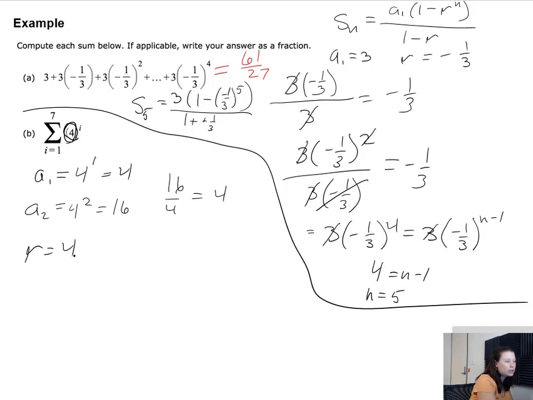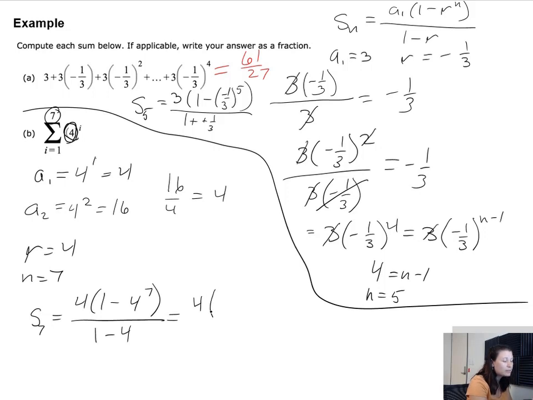So r is 4, and we know then n is 7, because that's that top number. So that means S7 is equal to a1, which is 4, times 1 minus r, which is 4, to the n, which is 7, divided by 1 minus r, which is 4. So we have 4 times 1 minus 4 to the 7th, which is 16,384, over negative 3.